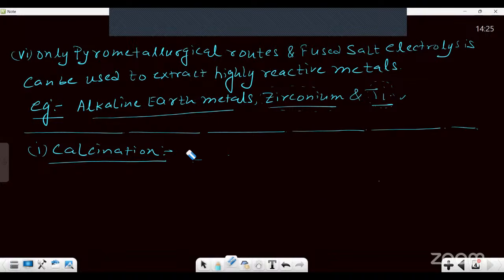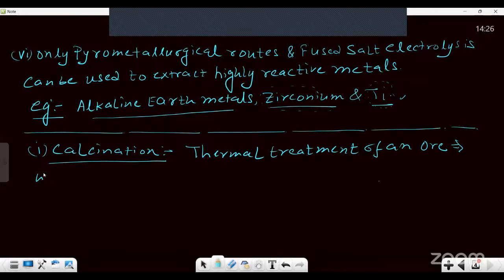So let us now talk about calcination. Calcination is nothing but the thermal treatment of an ore. You can write: it is the thermal treatment of an ore which brings about decomposition and eliminates the volatile product.